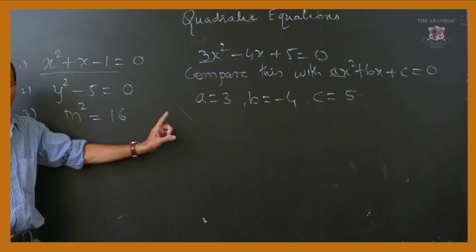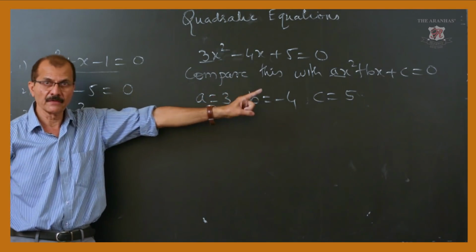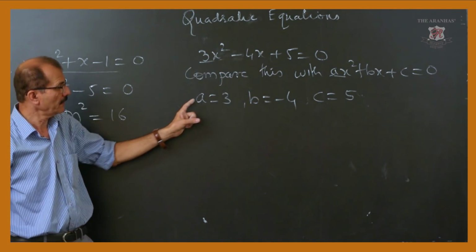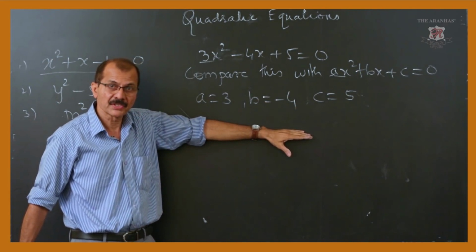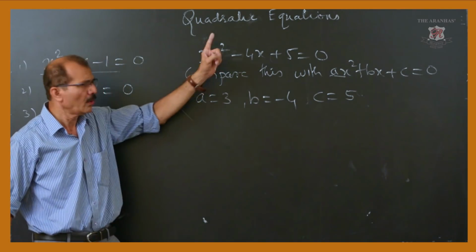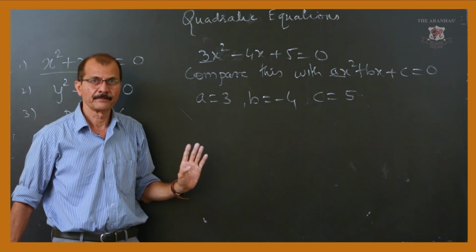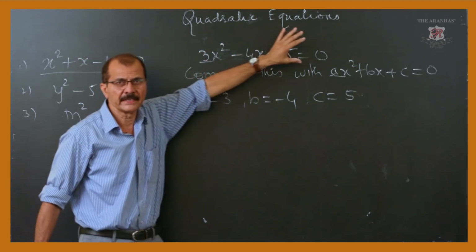I hope you understood. So, comparing this with the general form, I got the values of a, b and c. If you write this much, you will get 1 mark. These are all 1 mark questions. So, this is the very simple form I had given you.